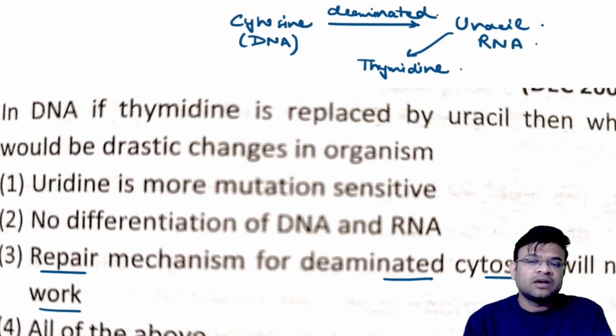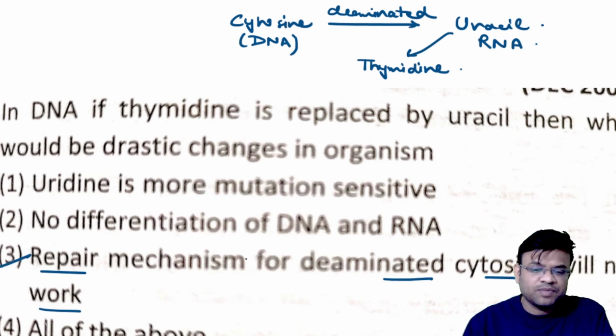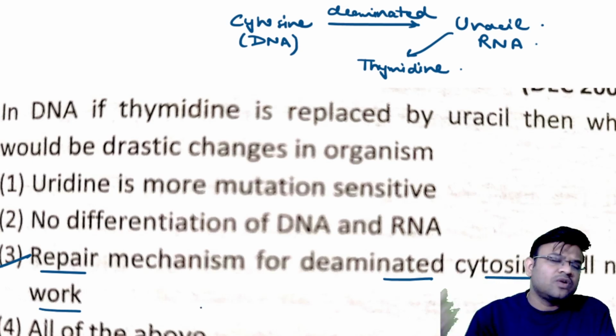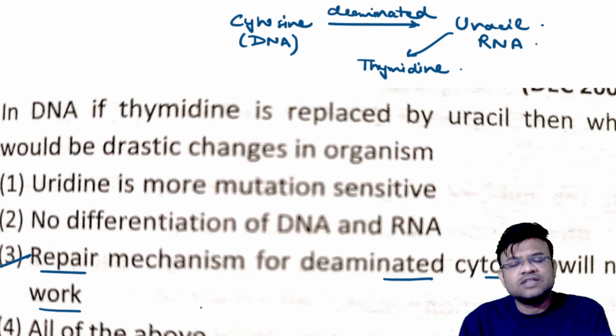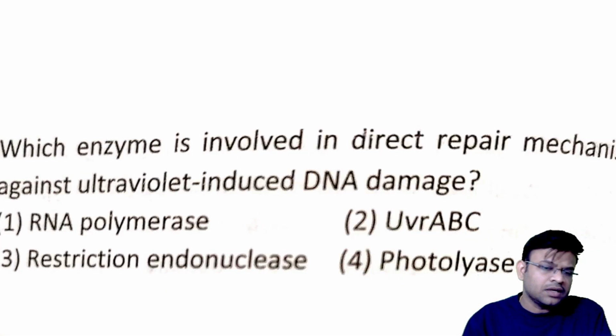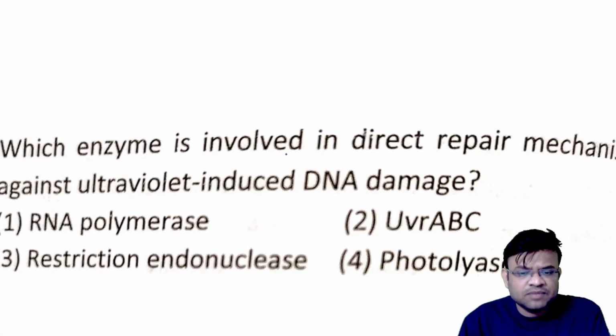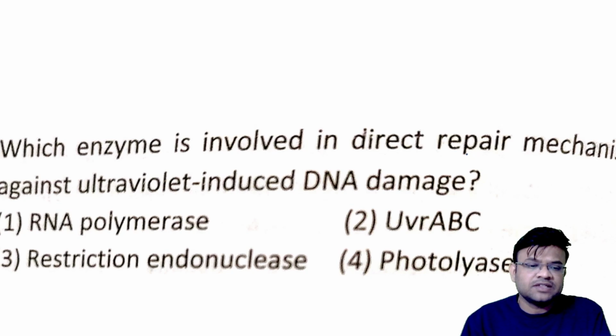That is why the correct answer over here is that the repair mechanism for deaminated cytosine will not work, because it will always assume that this uracil is the original uracil and has not occurred due to the deamination of cytosine. Next question is, which enzyme is involved in direct repair mechanism against ultraviolet induced DNA damage?